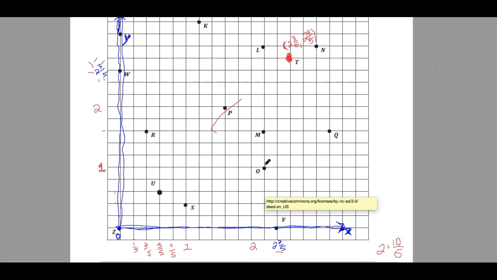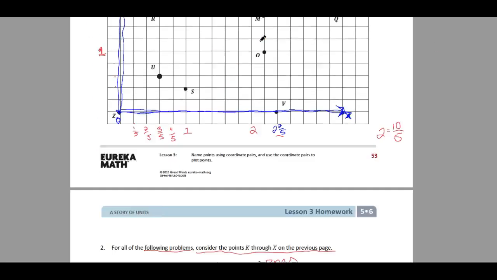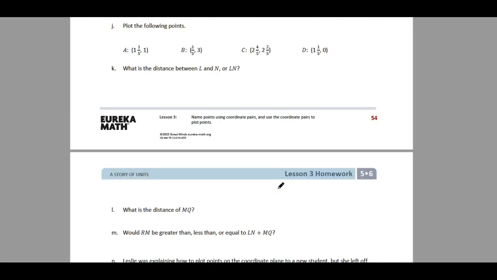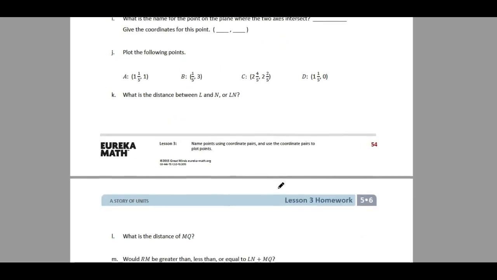So we're going to go on up, starting here at 2 and 1/5. We're going to keep going up, up, up. So if this is 2 and 3/5, 4/5, 5/5, here's our point. So that one's going to be L. So here's where we found that. We had 2 and 1/5 and 3, and it's the letter L. So now you can kind of see what's going on with this.